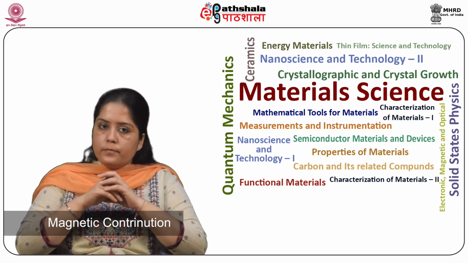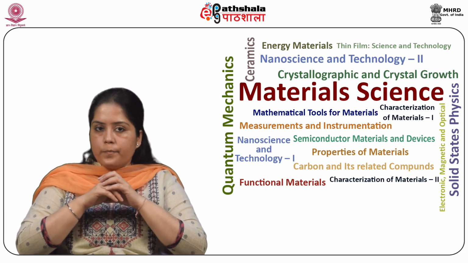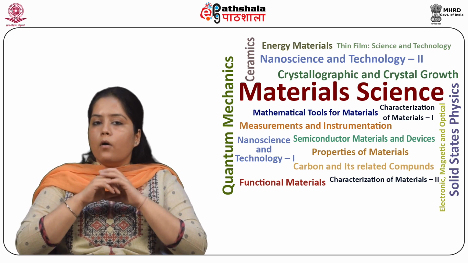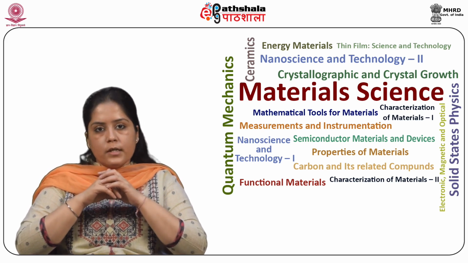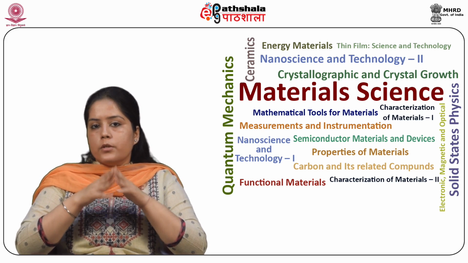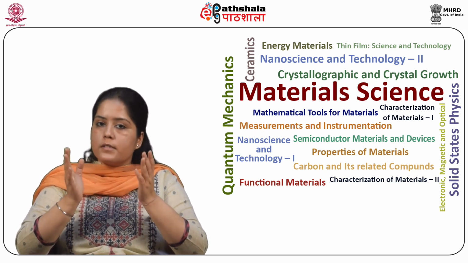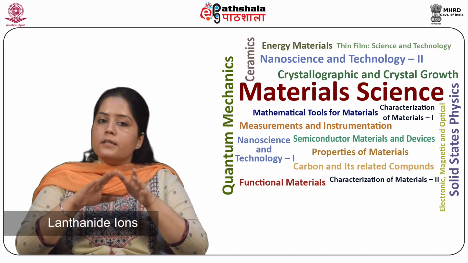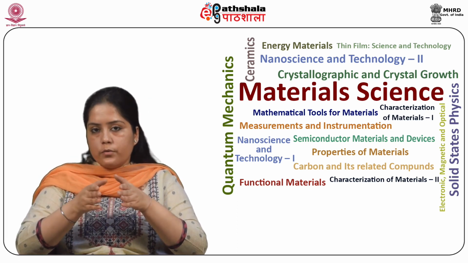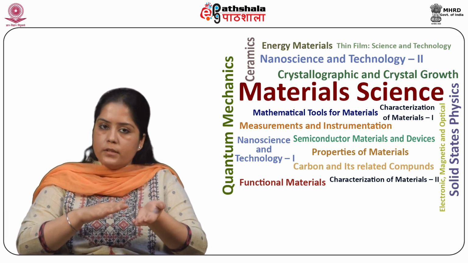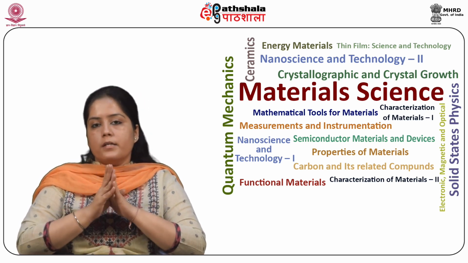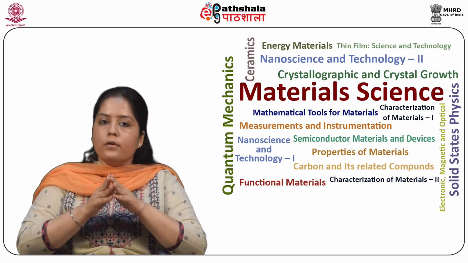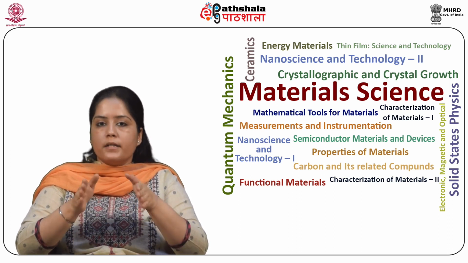For the magnetic contribution, first, the iron atoms' orbital magnetic contribution is quenched due to shielding from the crystal field. Second, lanthanide ions contribute to both the orbital and spin magnetic moment, thus contributing more to the total magnetic moment.